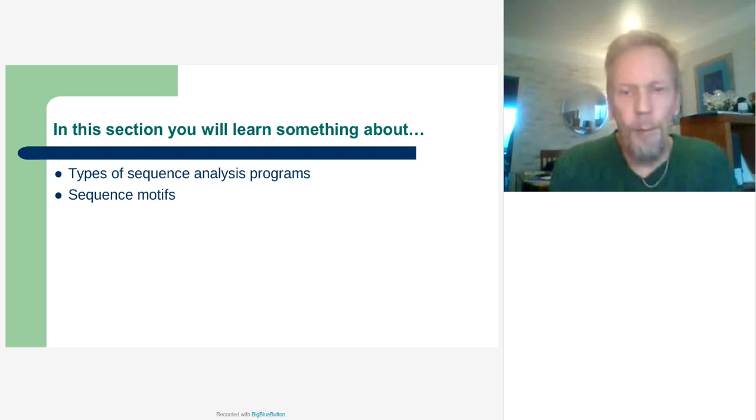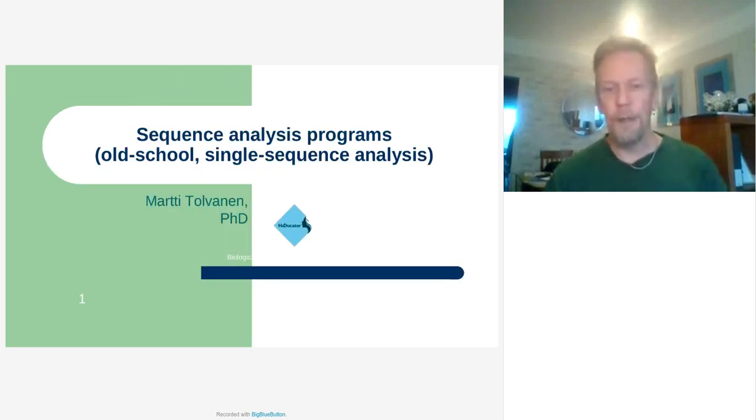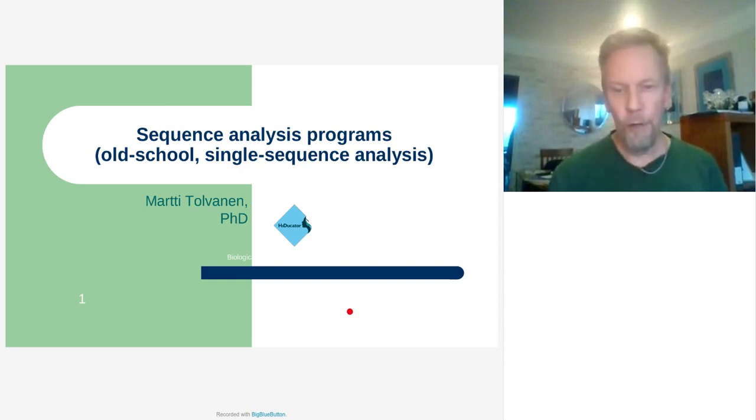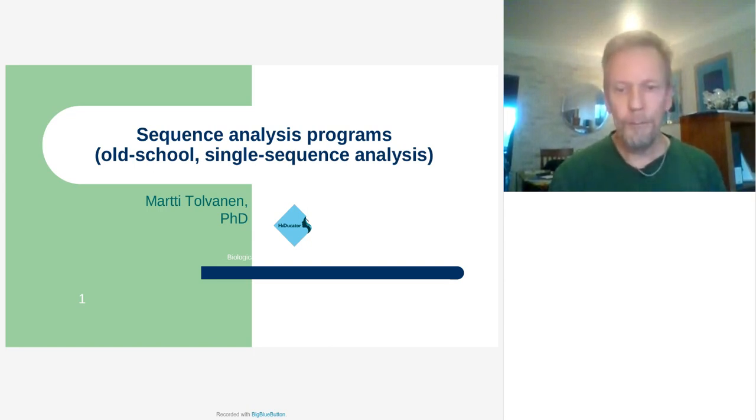So we'll talk about what kinds of tasks we have for single sequence analysis. As the title slide tells you, this is web services for single sequences, which you might then upscale if you download the corresponding programs into your own computer, or if you write a script which is able to use the programmatic interface of the services.